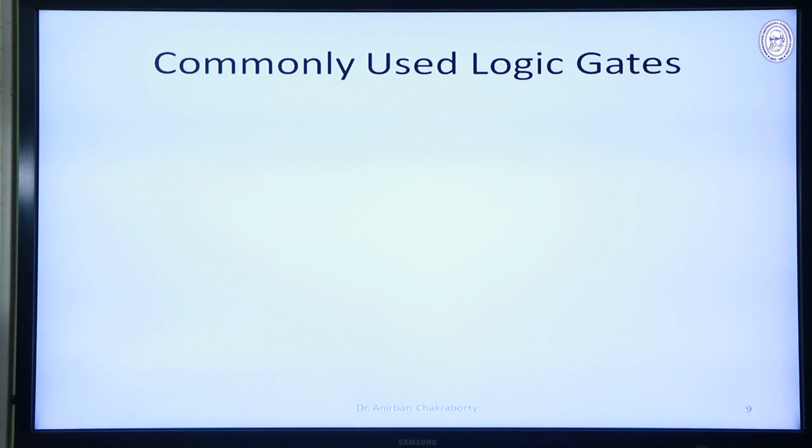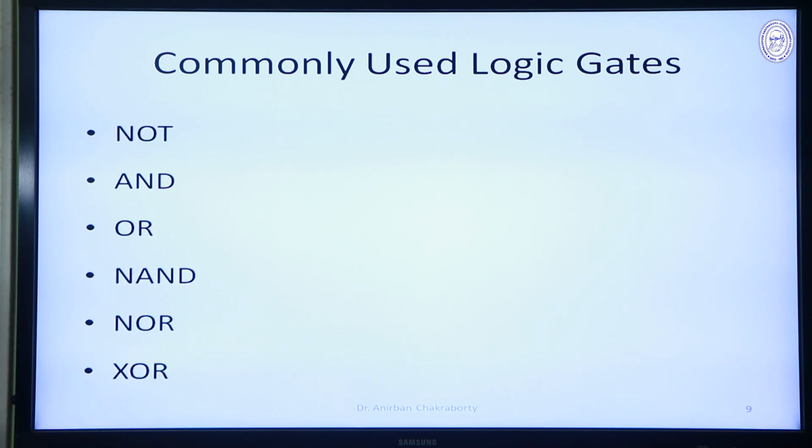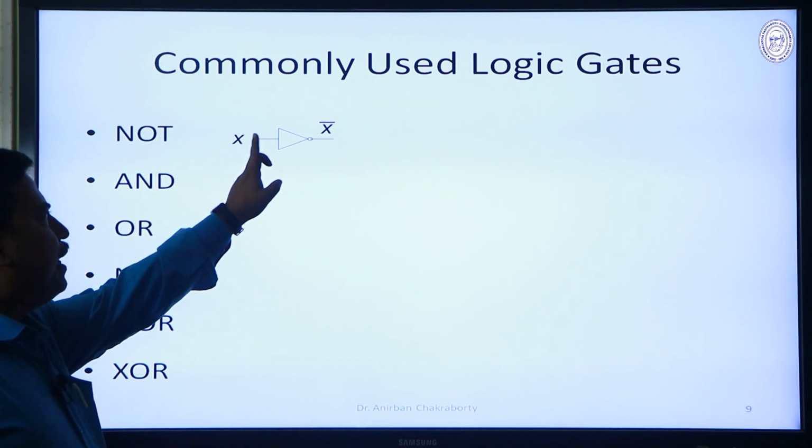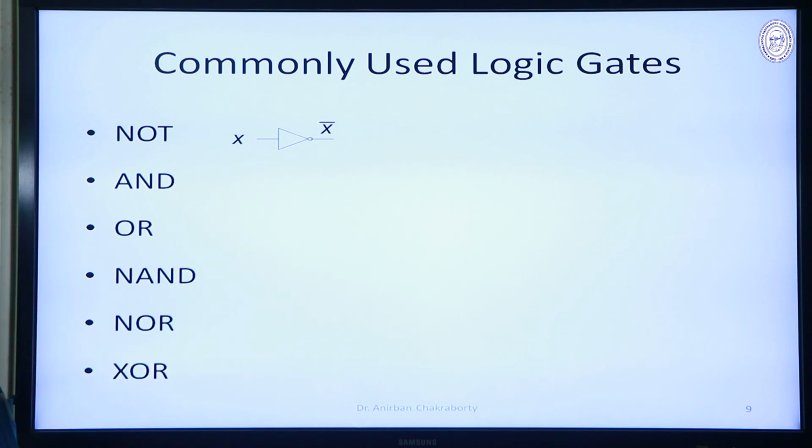Now here are some commonly used logic gates, what we have learned. First one is NOT. NOT gives you the complemented value. If the input is 0, output is 1; if 1, output is 0. Next one is AND.